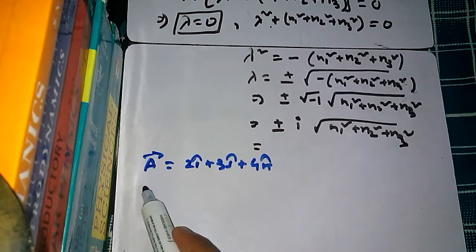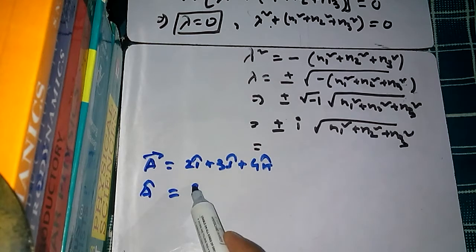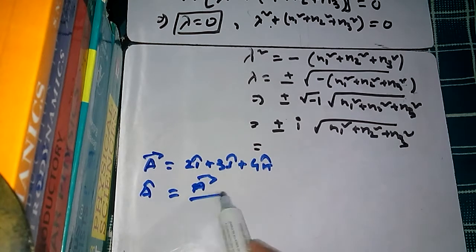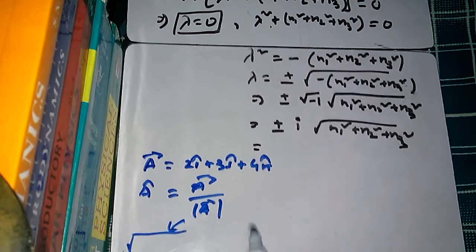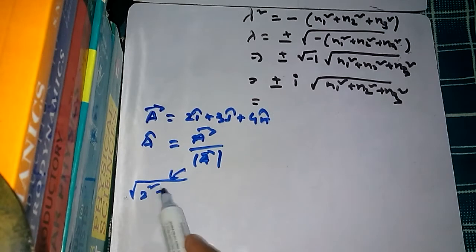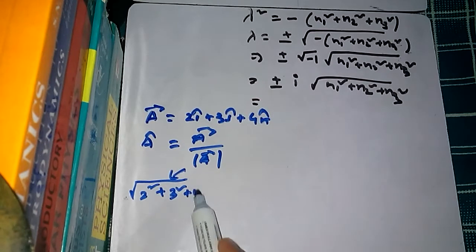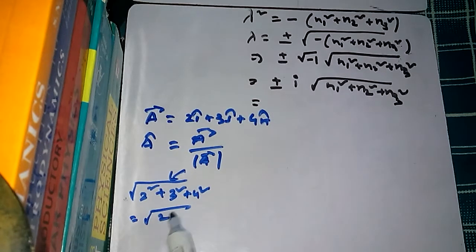So let us find the unit vector of A, that is, vector A by mod of vector A. Now mod of vector A we know how to find, root over of 2 square plus 3 square plus 4 square, that means root over of 29.